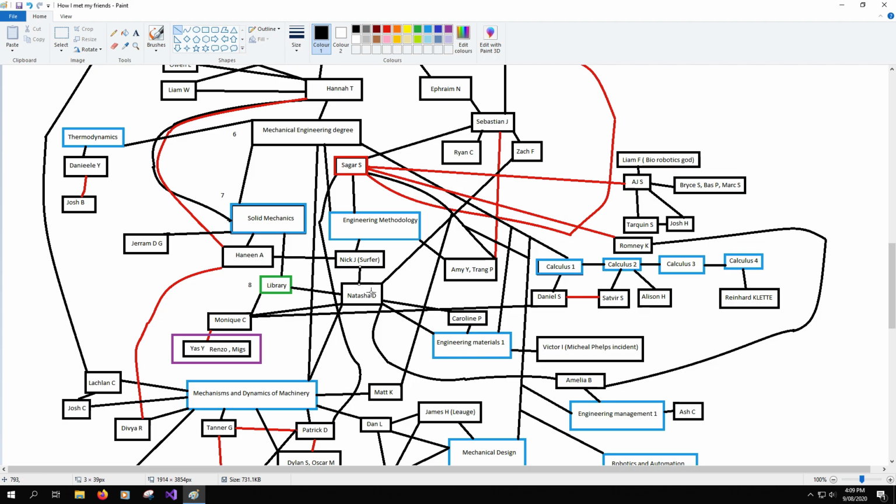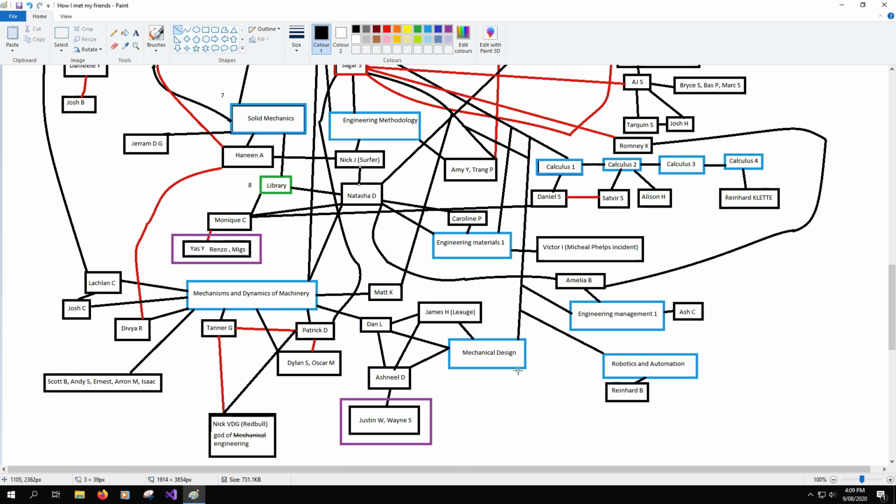Okay, so back to Natasha. We have Amelia B, which I met at engineering management, and I also met Ash C. Now from here, we can go to mechanical design and robotics, which are all linked back to the mechanical degree.